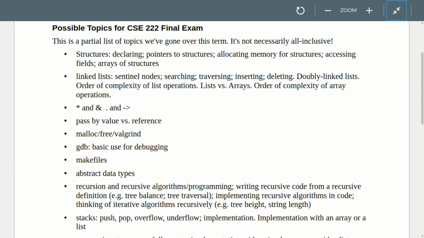Makefiles, GDB, malloc we talked about, pass by value versus reference, there's no specific things there. Asterisk, ampersand, dot, arrow, we've coded these a few times, right? Linked lists, we know about linked lists and how to declare a structure. Obviously how to make a main program and argc, argv, all of that stuff, don't forget all of that.